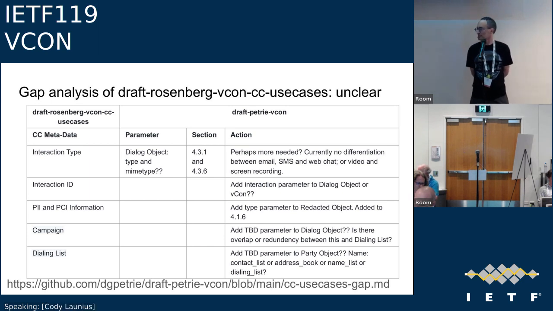So I just wanted to give my opinion here because Thomas and I have been going back and forth on this quite a bit because we're working on a joint project together. I wanted to call out a couple of things further down, specifically the campaign and dialing list line items, as well as the interaction type.